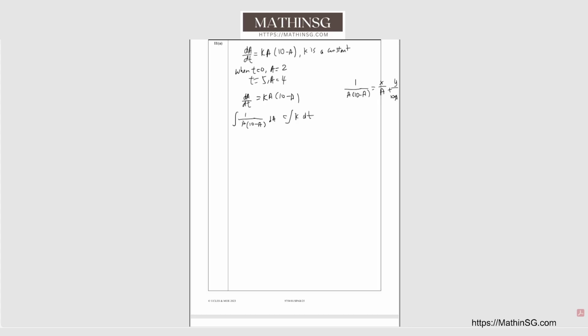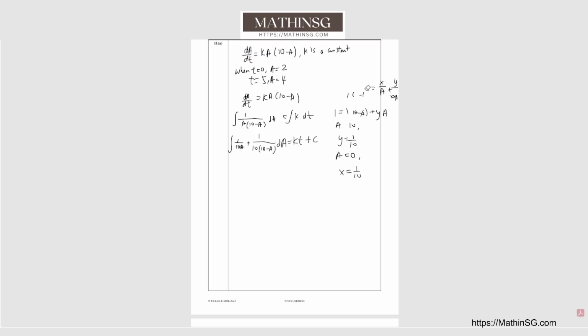I can rewrite this as 1 equals x(10 minus a) plus ya. So when I sub in a equals 10, I get y equals 1 over 10. When I sub in a equals 0, I get x equals 1 over 10. So I know that this can be written as the integral of 1 over 10a plus 1 over 10(10 minus a) dA equals kt plus c.